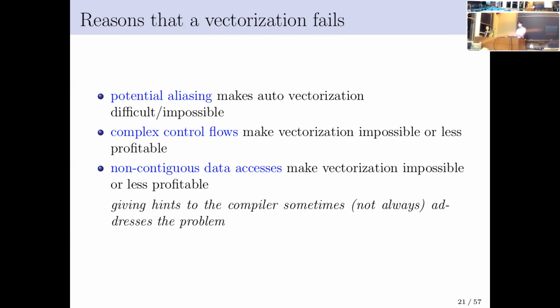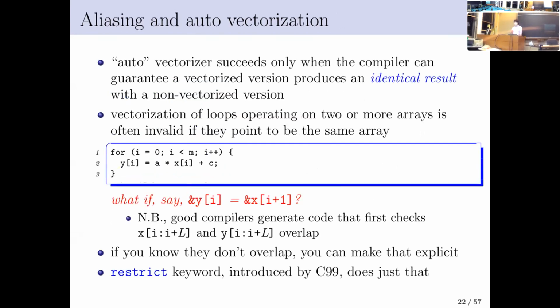You'll see how easily the compiler will fail to vectorize just because there is, for example, an if statement or another loop inside a loop. And the other reason is loops accessing arrays non-contiguously. You'll see this in the notebook. This slide goes into each of them in some more detail.